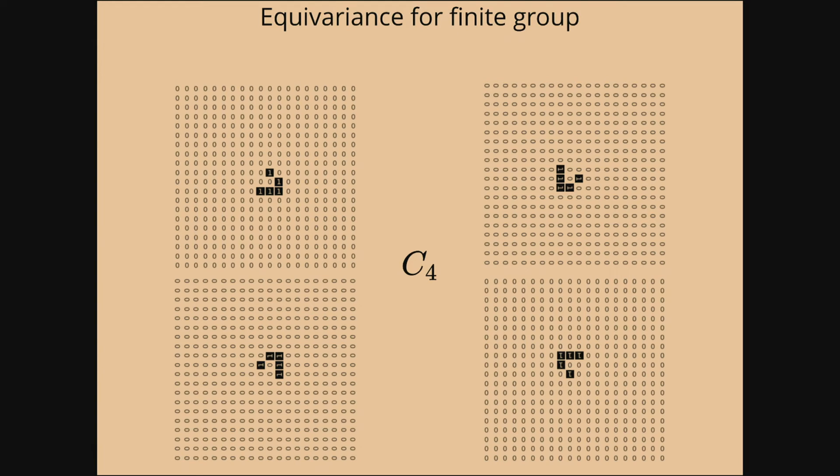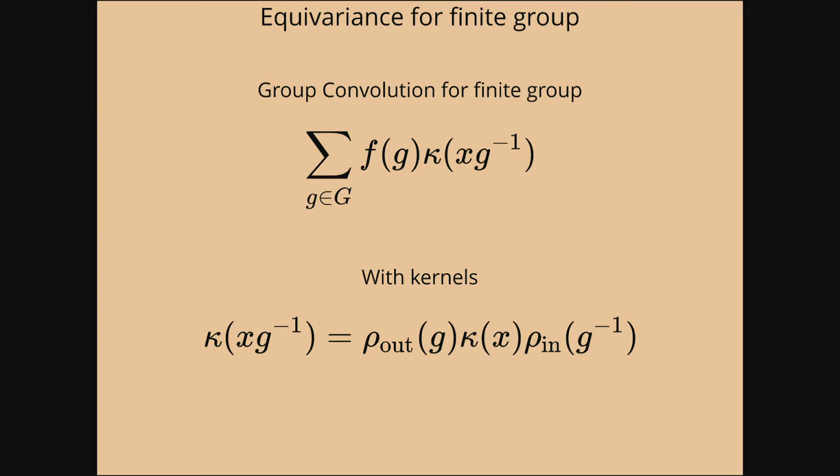And the response to that is actually we just rotate the kernel in the right way. And so when we rotate the kernel and rotate the image, at the end it will always give us the same answer. And that's exactly what we do. So this is the group convolution for finite groups. And this is the formula of what I just explained to you orally.